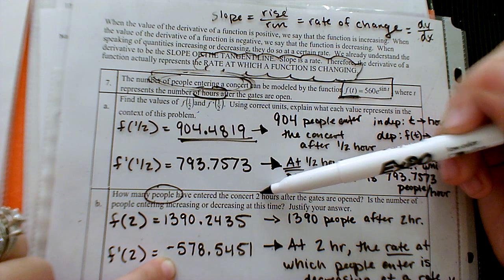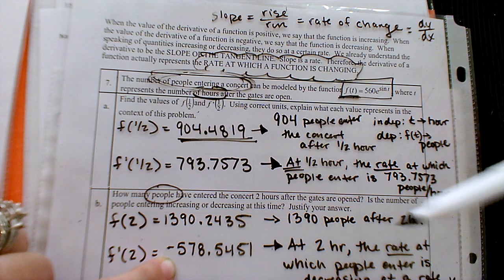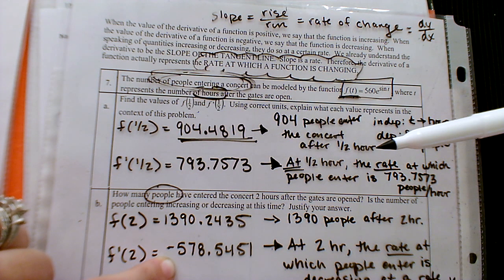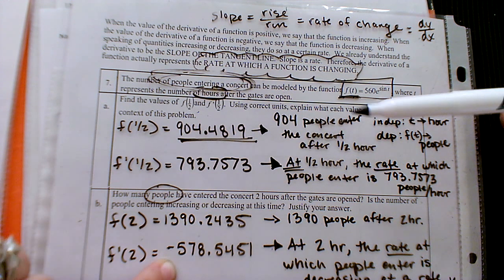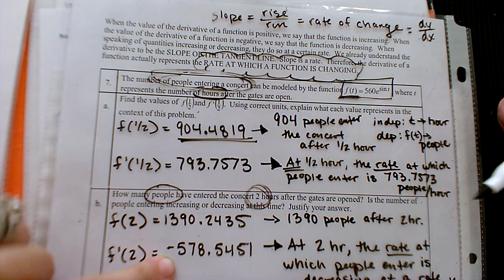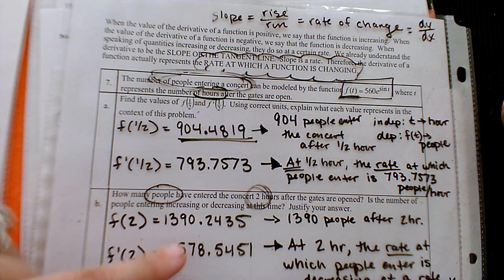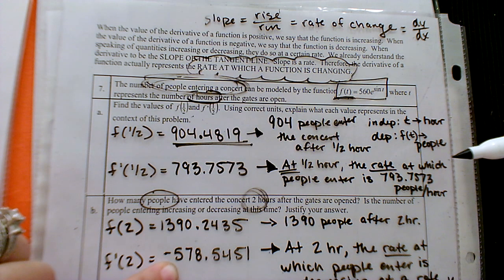If you think about the scenario, the closer you are to the time at which the concert starts, there should be fewer people coming in because everyone's already in. They want their seat, exactly. So the closer you get to the concert time, the rate at which people come in is going to be slower and slower. Okay, it's a negative rate. You're decreasing from the original, right?